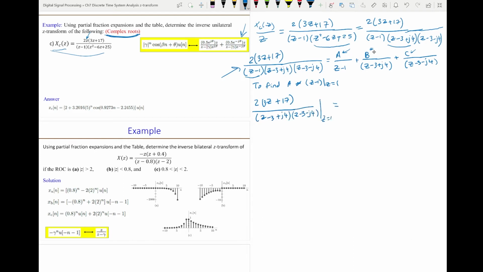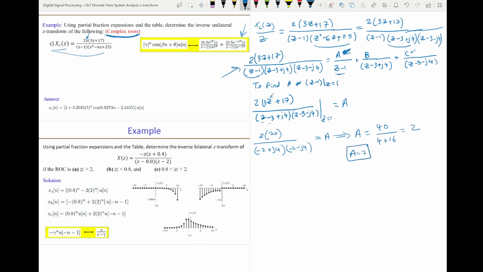When you multiply this by z minus 1 and you set z to 1, this will cancel. Same thing here. This will also cancel. So the only thing left is A. Because when you multiply this by z minus 1, it will cancel with the denominator. And if you plug for z 1, this will be 3 times 1 is 3 plus 17, that's 20. 1 minus 3, that's minus 2. So A equals minus 10.